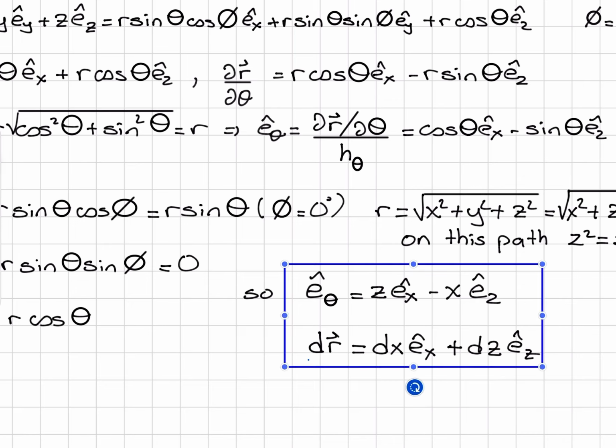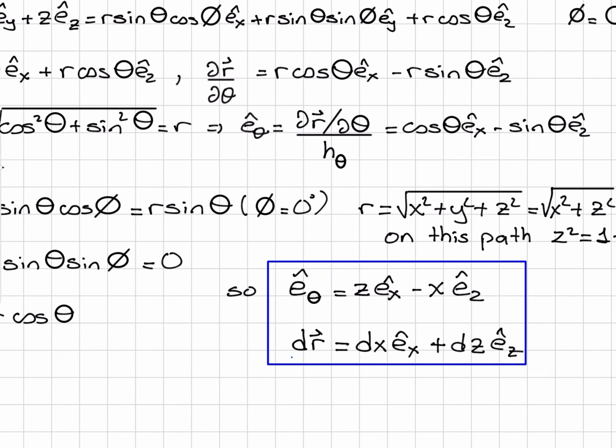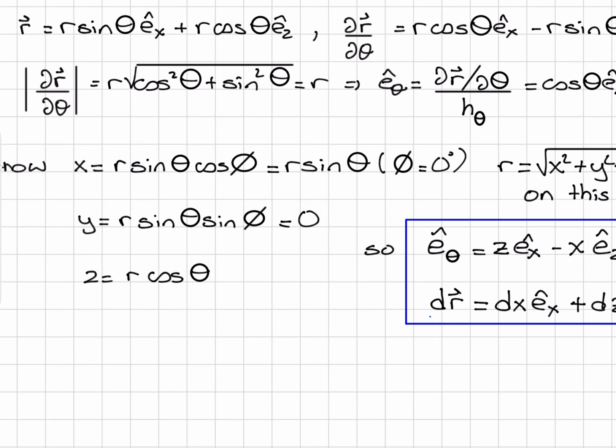So let's do this. Okay, so we have noted that dy is equal to 0. Now we're ready to write the dot product dr dot e theta hat.